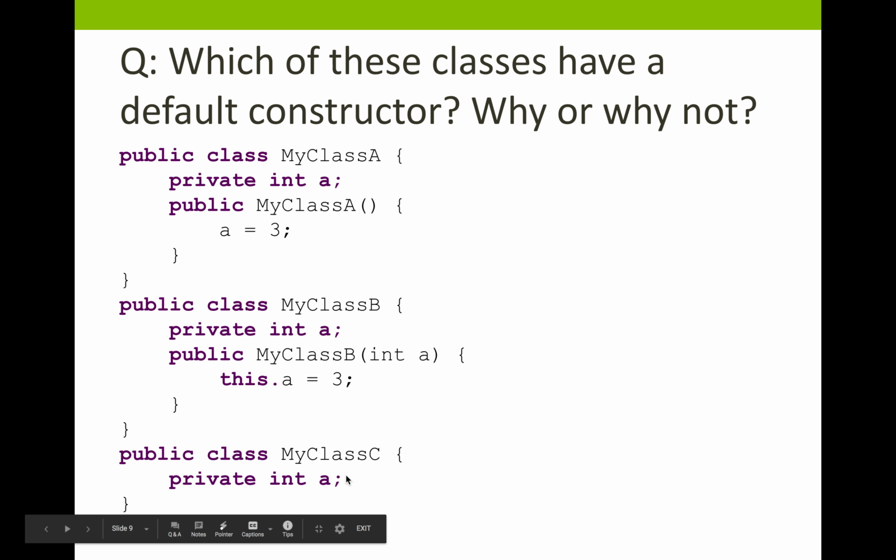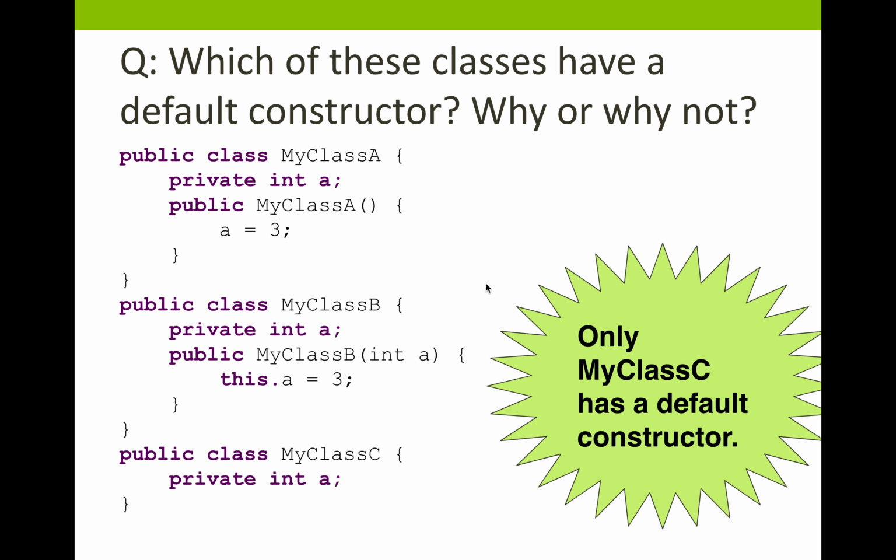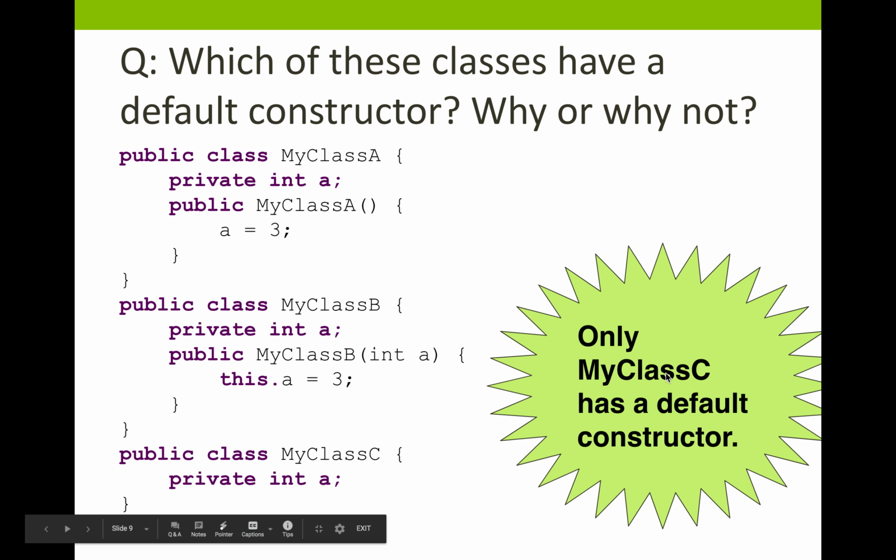Class C has no constructor, at least not that I could see. So which one has a default constructor? The answer is only my Class C has a default constructor down here. The default constructor is what the compiler provides for you. If you did not write a constructor, then a constructor will be provided for you, okay?